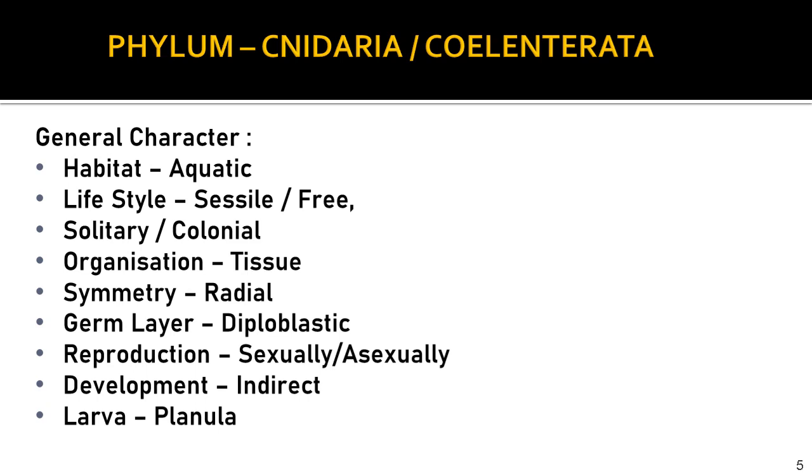From these two layers the body organs used to develop, right? But in triploblastic animals, the embryo consists of three layers, that is outer ectoderm, inner endoderm as well as middle mesoderm. In phylum Cnidaria, the germ layer is diploblastic type, which means it consists of only ectoderm as well as endoderm.